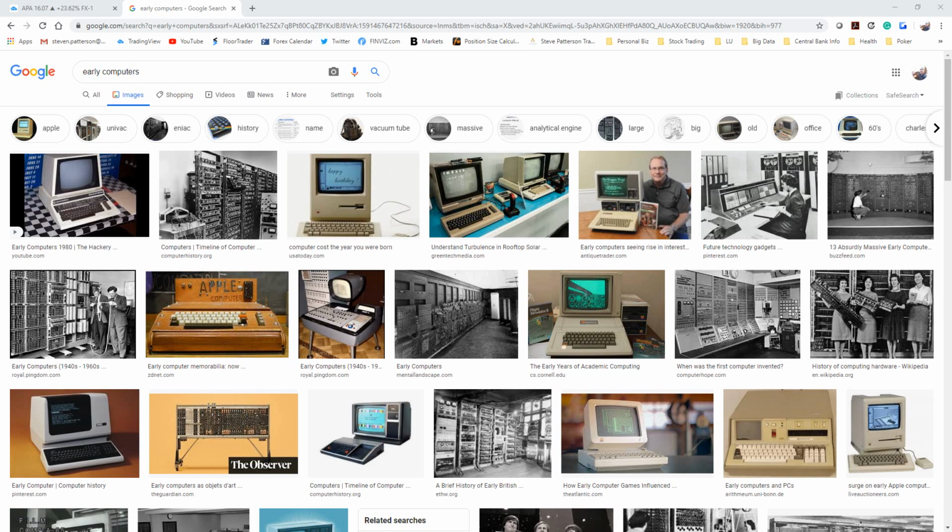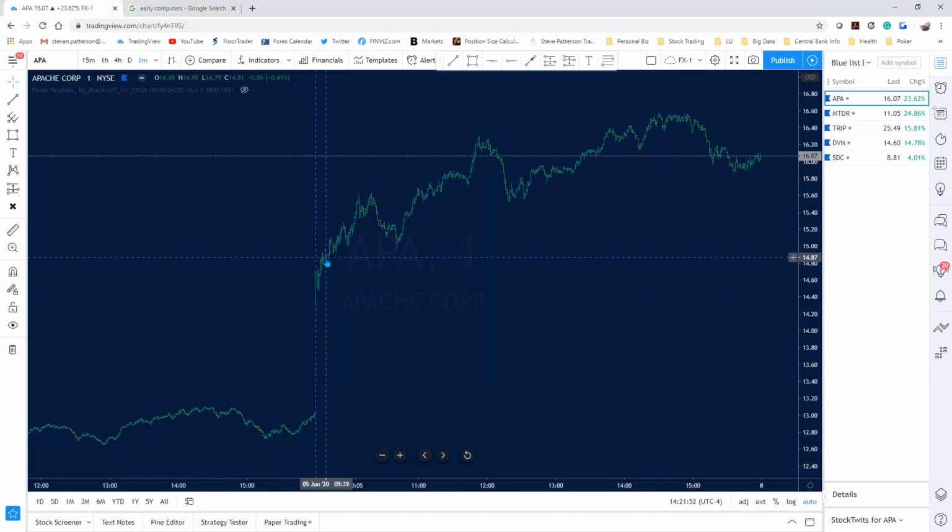Here is a picture of my very first trading computer that I used to hook up to a DTI feed from my home, and yeah, it had green bars on it. The green bars just looked like that, and it was a very small screen.